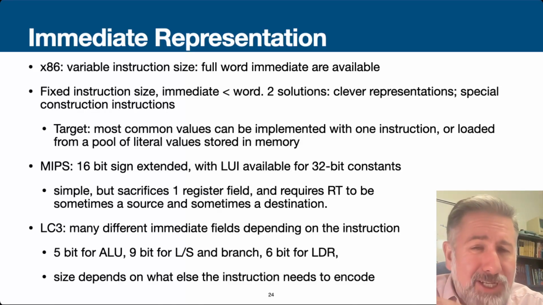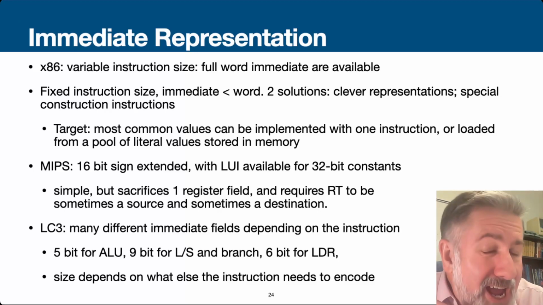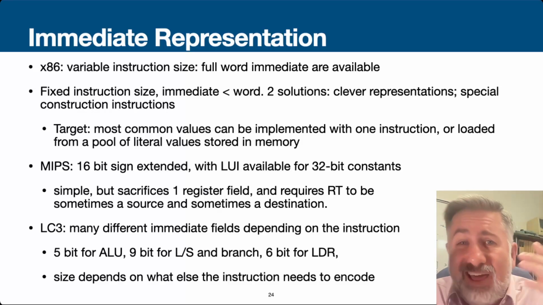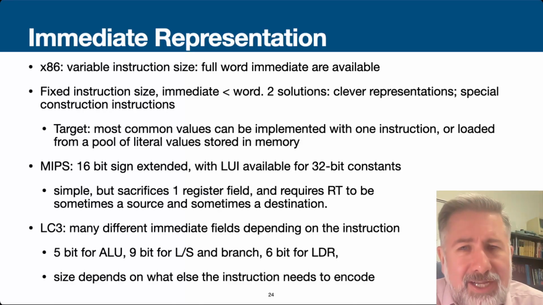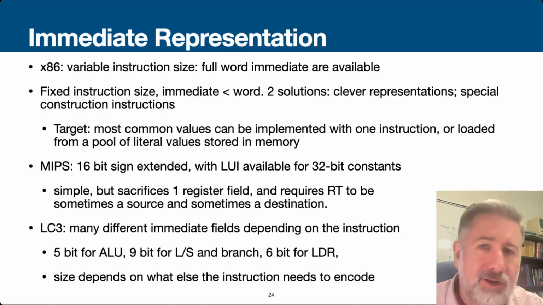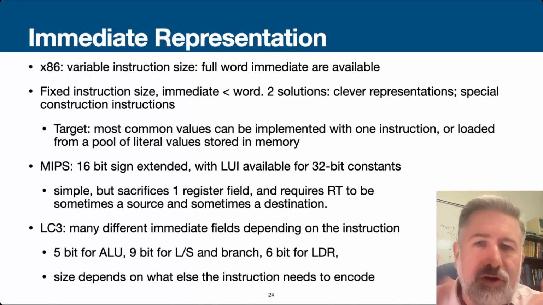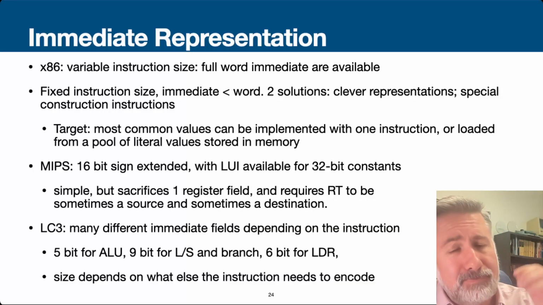And so they have register S for a source, register D for a destination, and register T. And register T can be either a source or a destination depending on the kind of instruction you're executing, and that can be confusing, and that means additional hardware to design that. So that's the design compromise there. You lose a register, but you get full access to whatever immediate value you want in at most 2 instructions.